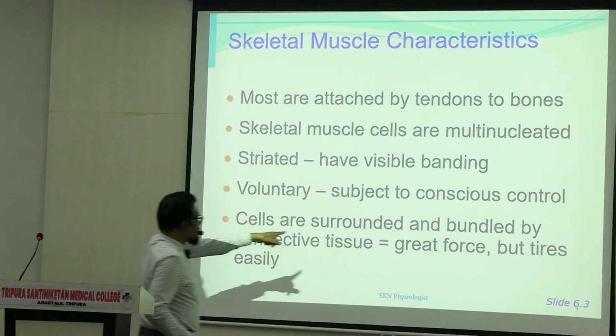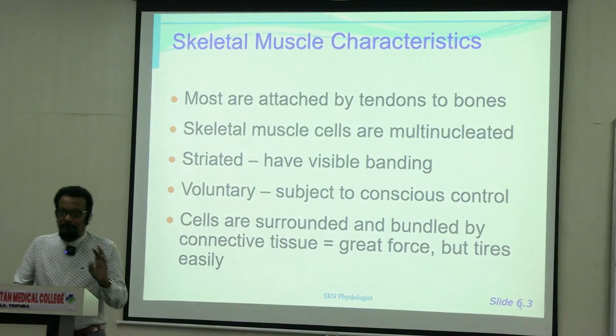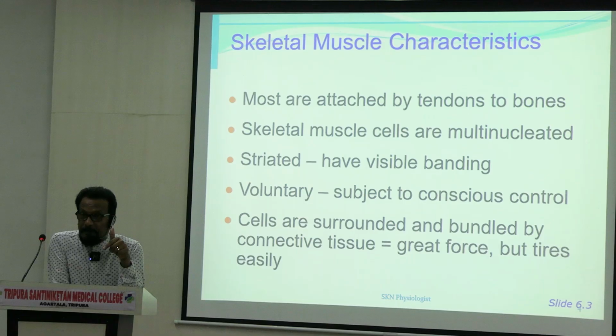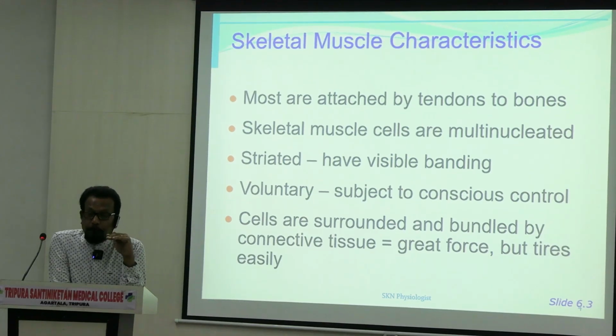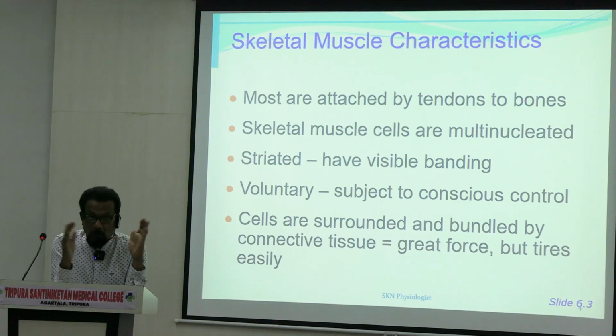See, cells are surrounded and bundled by connective tissue. We have seen there is perimysium, endomysium. When the muscle contracts, a lot of tension will be generated.